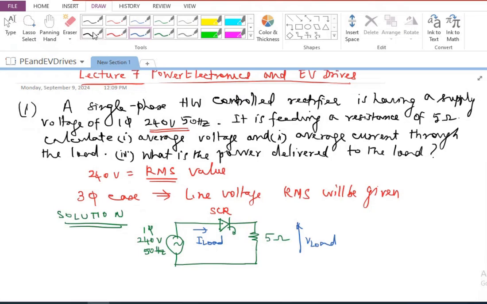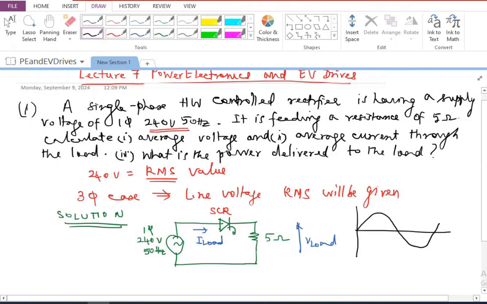So let me start with drawing the waveform. Let us say this is our input voltage. So this is omega t, and we are looking at this as Vs. The peak value of the voltage will be 240 times root 2 volts. Now, of course, firing angle needs to be given.